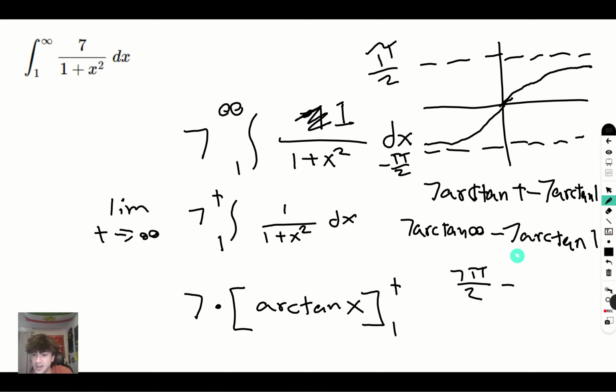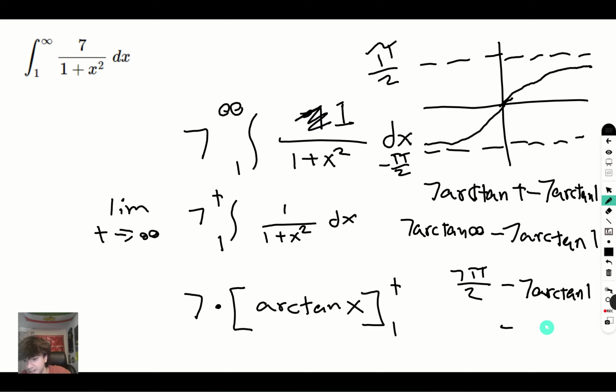And then you subtract 7 arctangent of 1. For arctangent of 1, you can use a calculator to find out what that is. That's just going to be 45 degrees, and if we convert it to radians, 45 degrees is pi over 4.